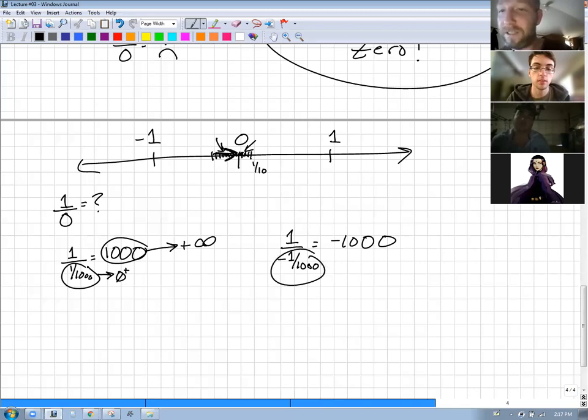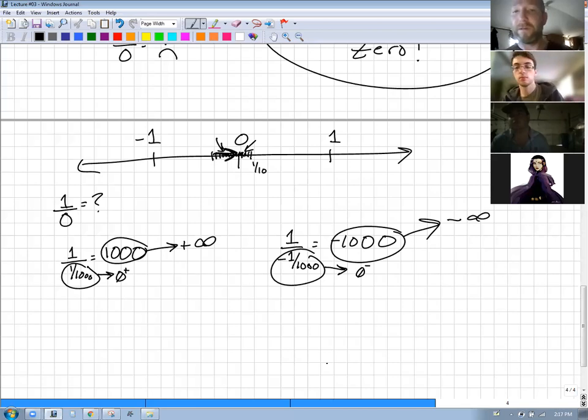Well, if these numbers get smaller and smaller, I'm going to call it 0 minus. Numbers really tiny, getting closer to 0, but they're negative, then the fraction goes to -infinity. So what we're seeing here is that if you plug numbers in closer and closer to 0 that are negative, well, then this thing is -infinity.